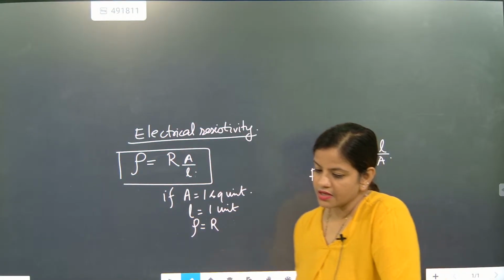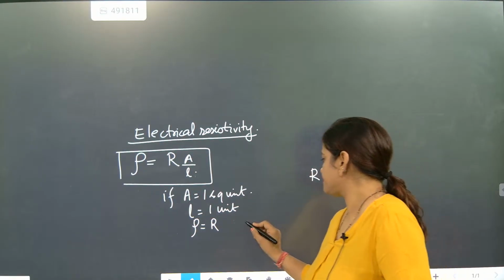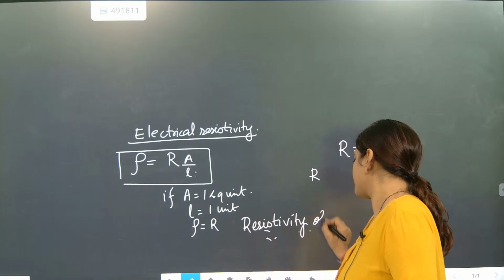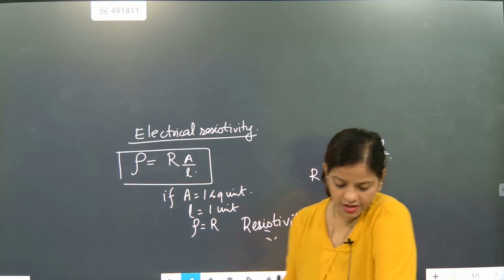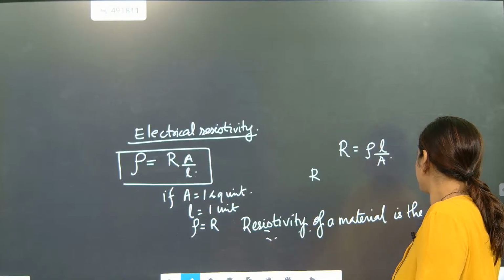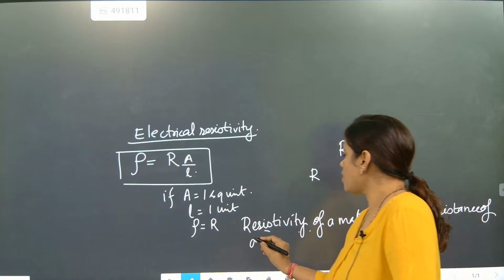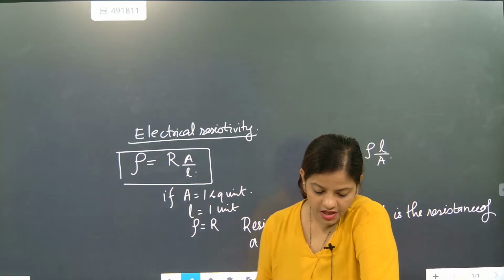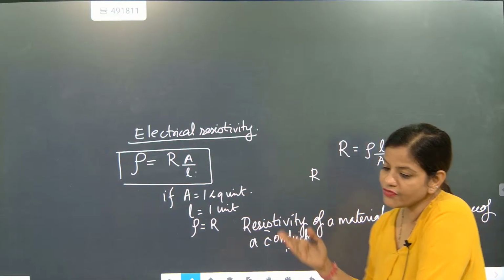Here, resistivity will be equal to R, and then you write: resistivity of a material is the resistance of a conductor.